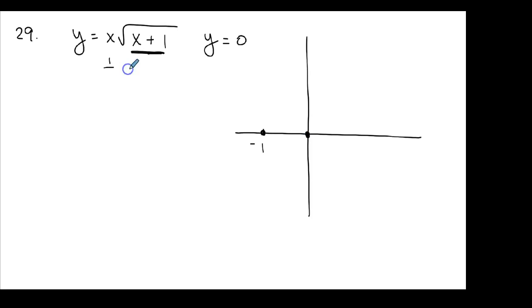If I put in -1/2, this would be -1/2 plus 1 or +1/2. I don't know what that is, but I know it's a negative number. And then if I picked a number over here and put it in like 1, I have 1 times the square root of 2. Well, that's up here. So your graph looks like that. And it said that you had the region enclosed by this function and the line y equals 0. So here is your little region.